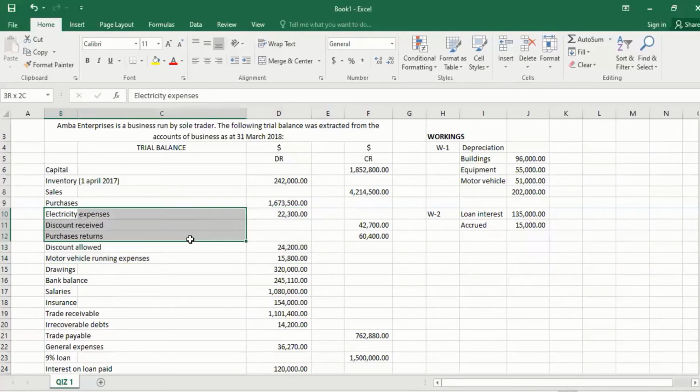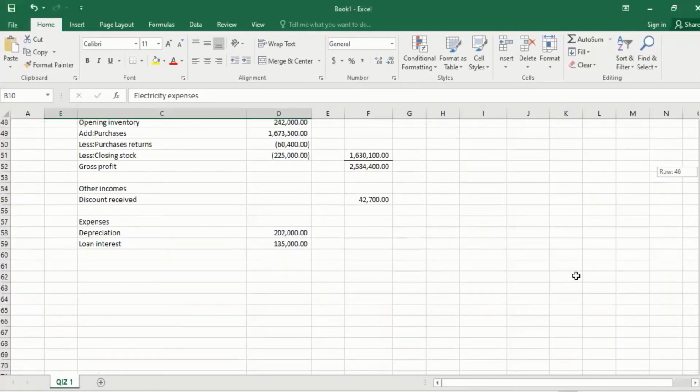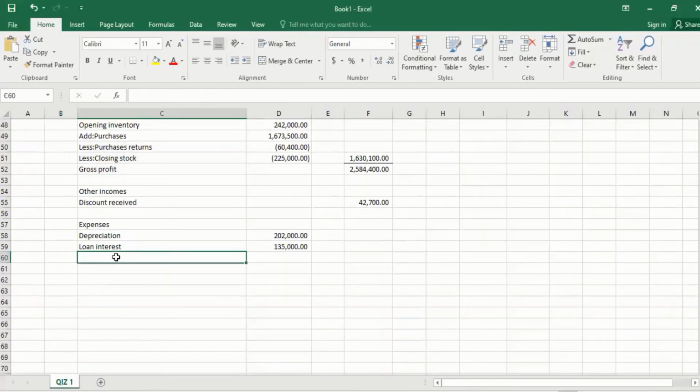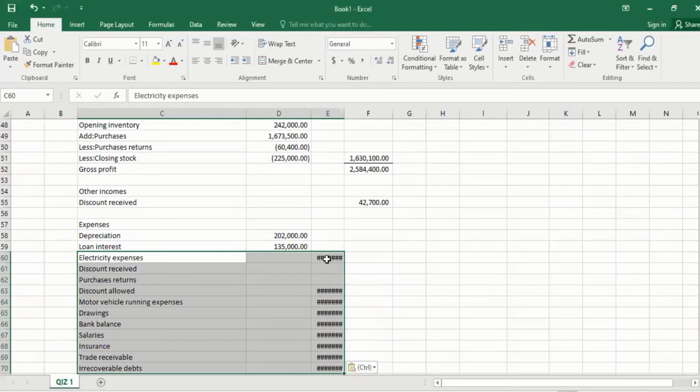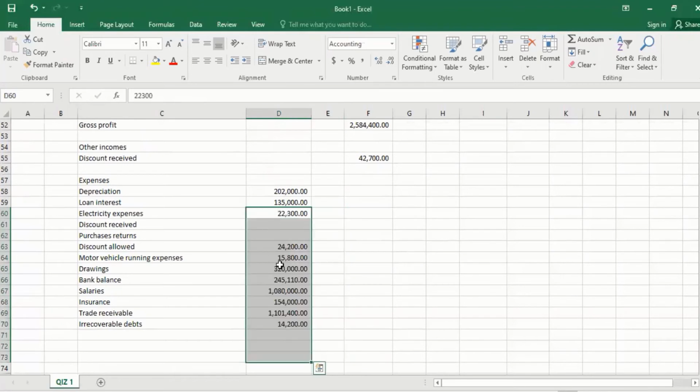I can even copy all these up to where we have the receivable. I just remove what I don't need. I can migrate these figures by just copying and pasting over here. Then I remove what is not for me.